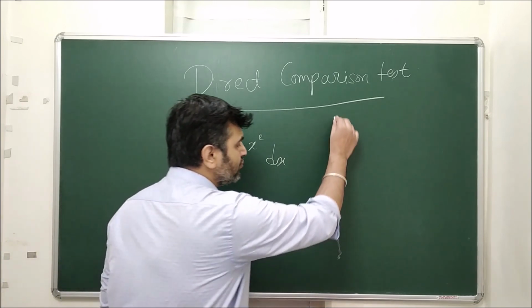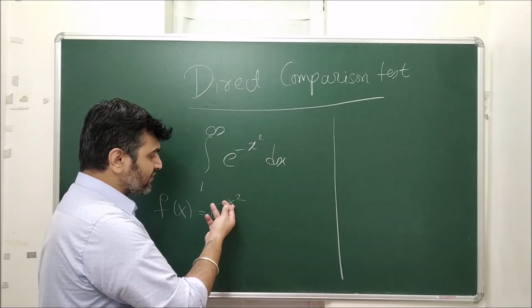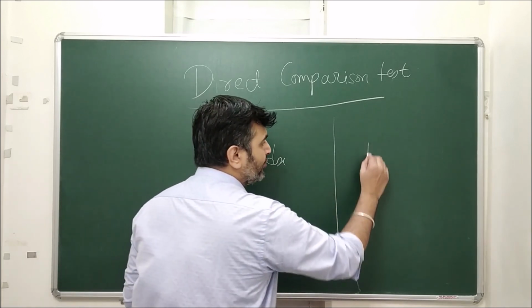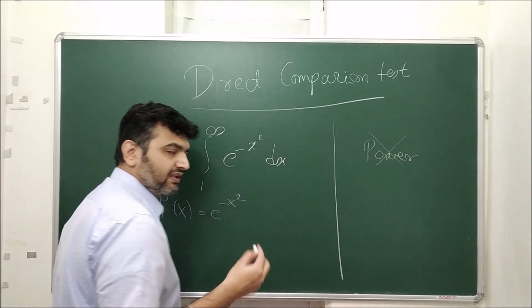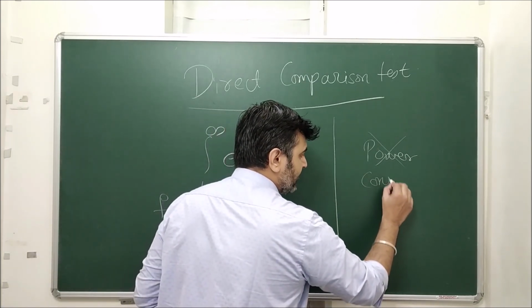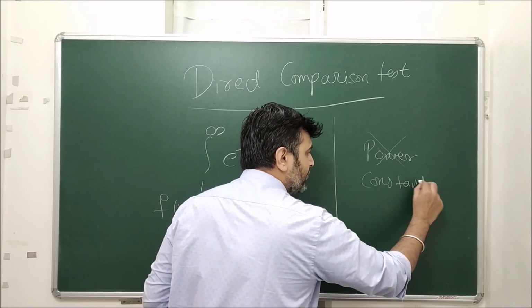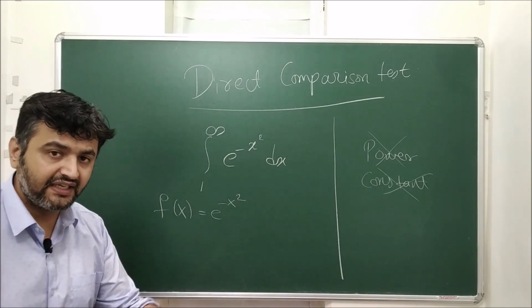If you want to find some other function, whenever you have a power in a function, you try to ignore the power and see what is left. If you have constants in the function, you ignore the constants and see what is left, and compare with that function.